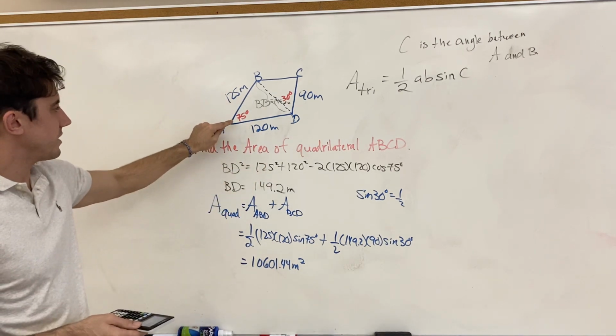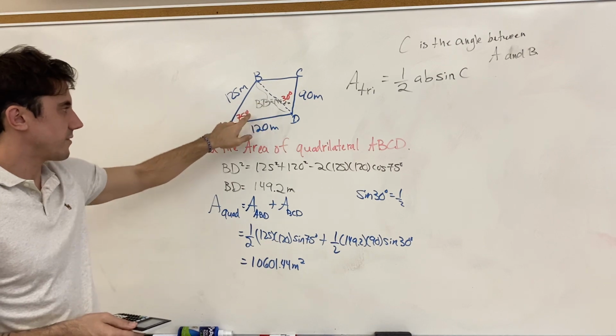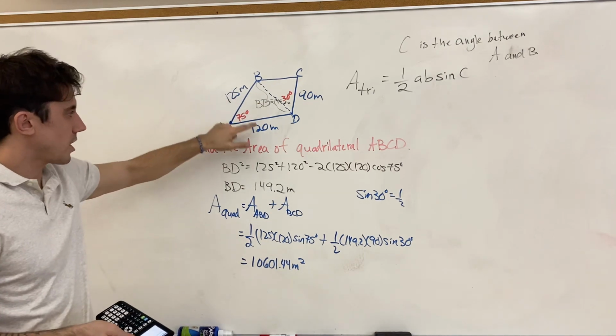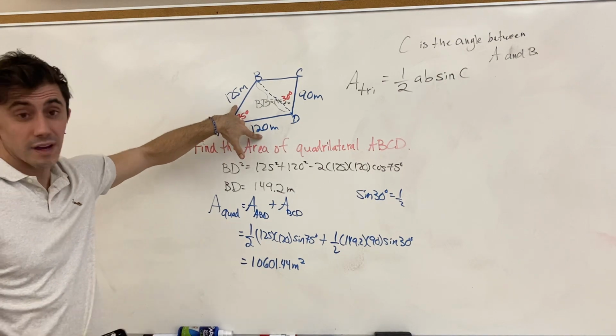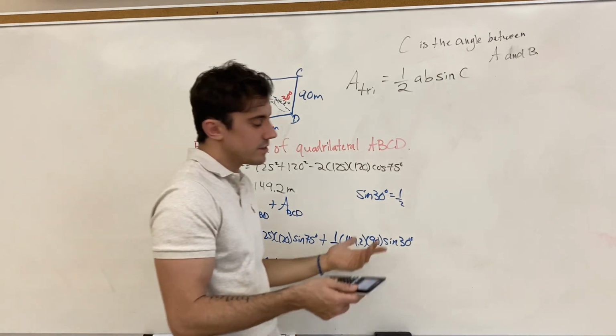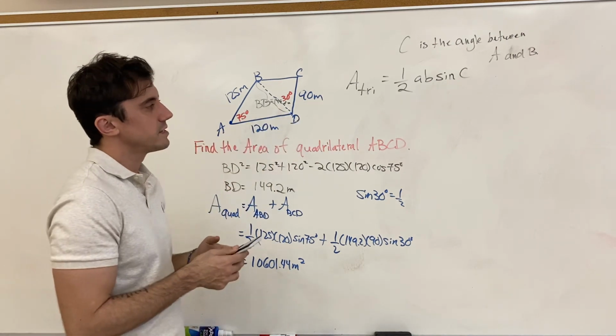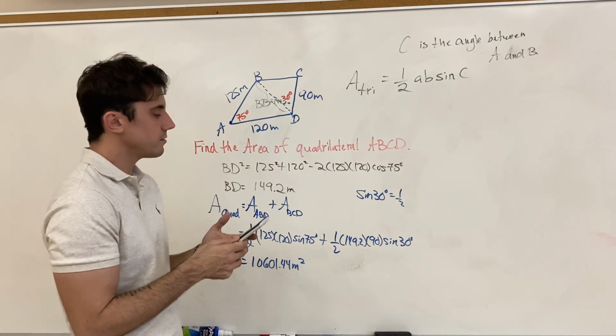But since we don't have the side length opposite to 75 degrees, and we don't have the angles opposite to either of the side lengths we do have, the sine law would not come in handy. So a mixture of the cosine law with our general formula for the area of a triangle, and we're done.